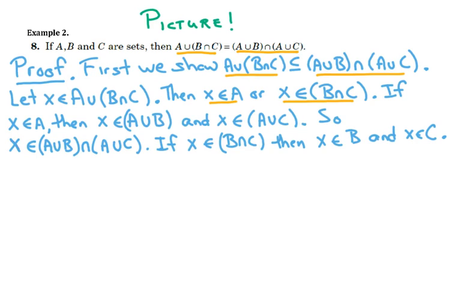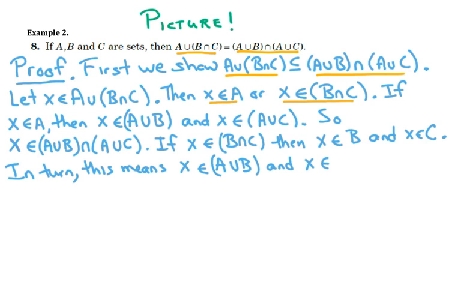If X is in the intersection, it's in both. In turn, this means X is in A union B and X is in A union C. Because if you're in B, you're in A union B. If you're in C, you're in A union C.